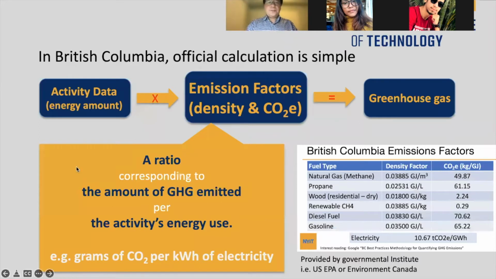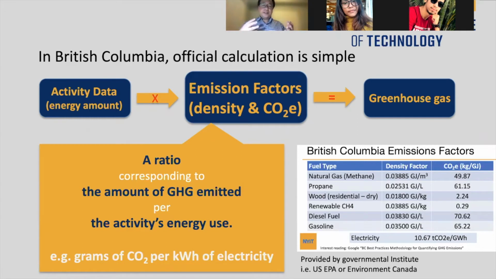So after you obtain the activity data in terms of energy amount, like kilowatt hour, another factor you need to know is the emission factor. This factor is a ratio corresponding to the amount of greenhouse gas emitted per activity energy use.